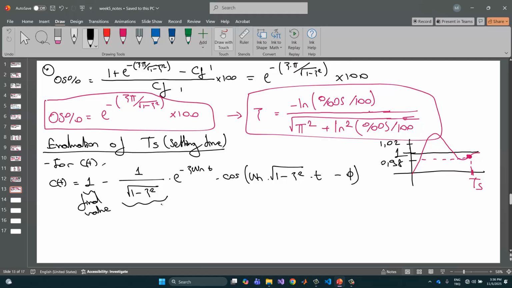And so, what is this? Or what's the value of this term? This is the amplitude of the cosine, right? And so, in order to find out what the settling time is, this should be equal to or smaller than 0.02, right? Because this is the final value, and we have 0.98 or 1.02 in here, so this amplitude should be equal to or smaller than 0.02.